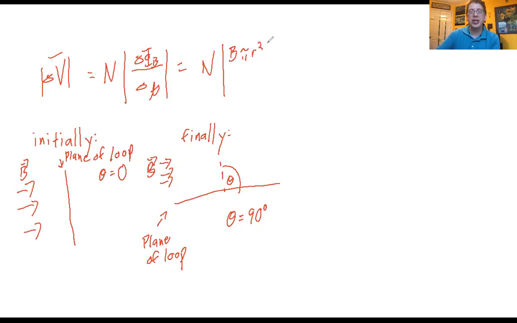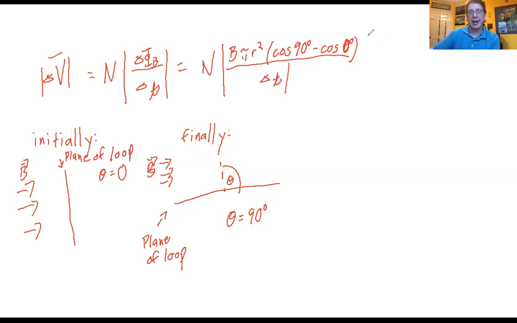And then the change is the change in the angle. So that's the cosine of 90 degrees, which is the final value, minus the cosine of 0. And that term is just going to be -1. So the cosine of 90 is 0, and the cosine of 0 is 1. So the term in parentheses is just going to be -1, and that's over delta t.